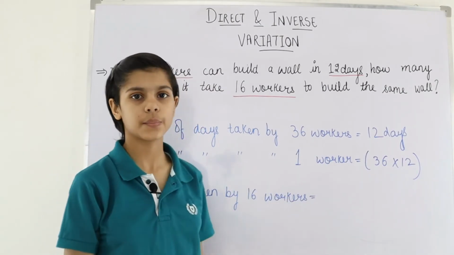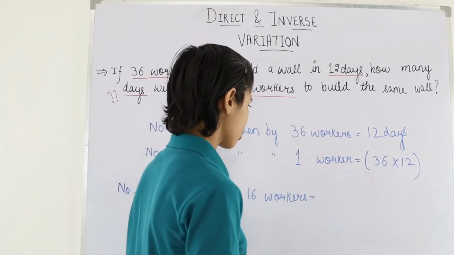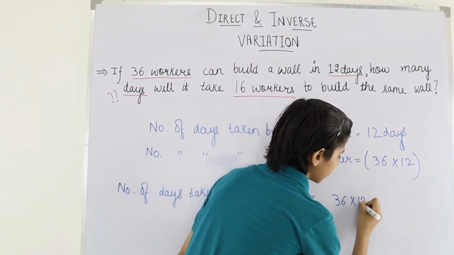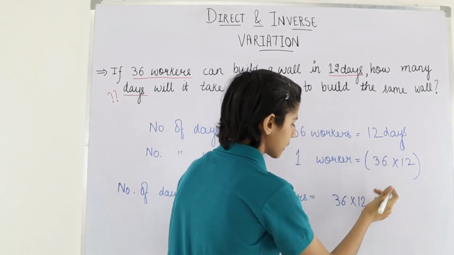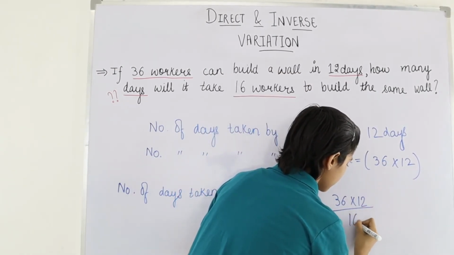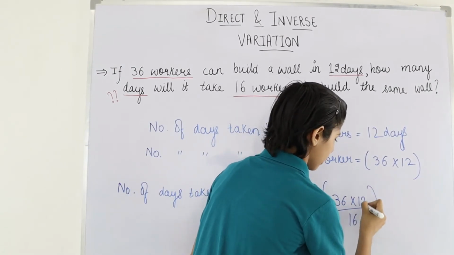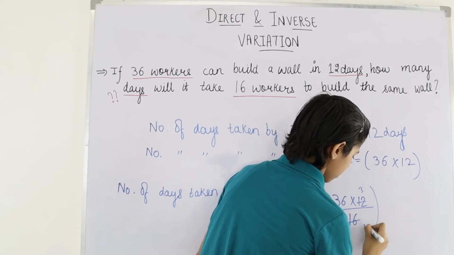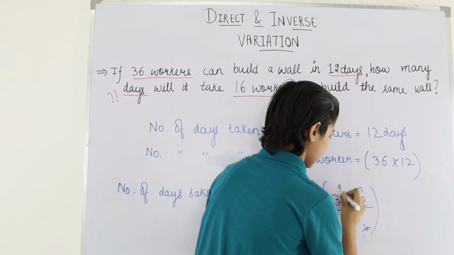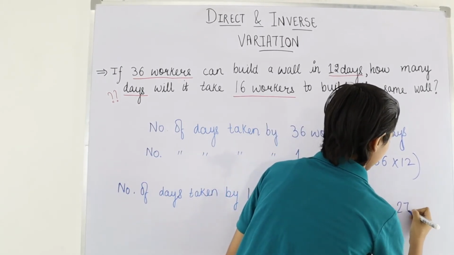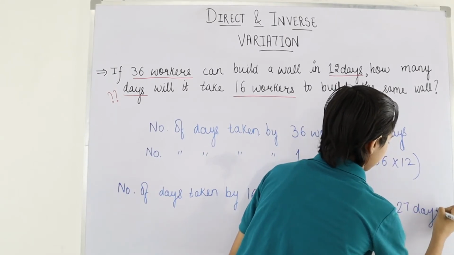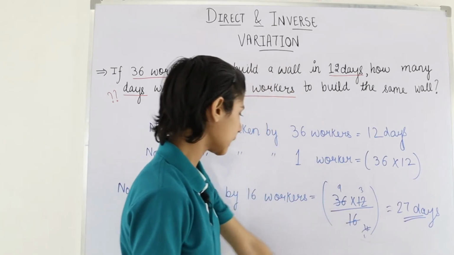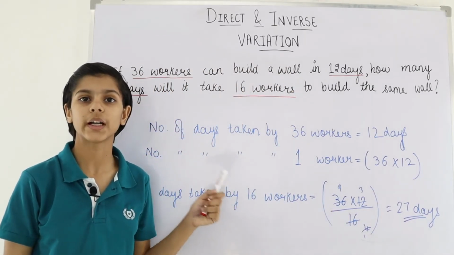So for less time we have to divide. So we will divide here 36 into 12, that is the number of days of one worker, divided by 16. So here it will cancel with 4, 1, 9, and the answer will come 27 days. So this many days will be taken by 16 workers to build a wall.